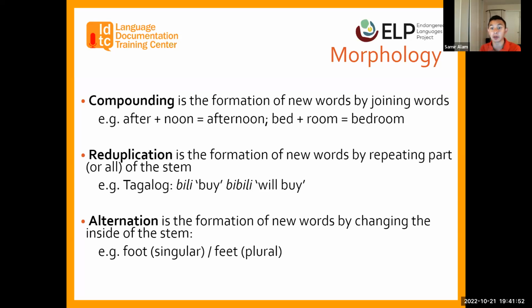Because there's nothing before or after foot that changes it into feet, and there's nothing going inside either. There's nothing new being added. It's just something that's already there that's being changed. The vowel of foot is changed to the e sound of feet, and that makes it plural. So that's another form of morphology.